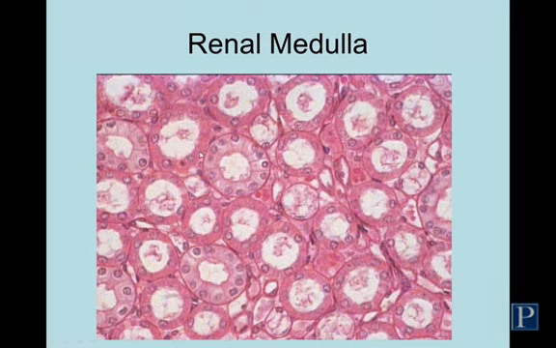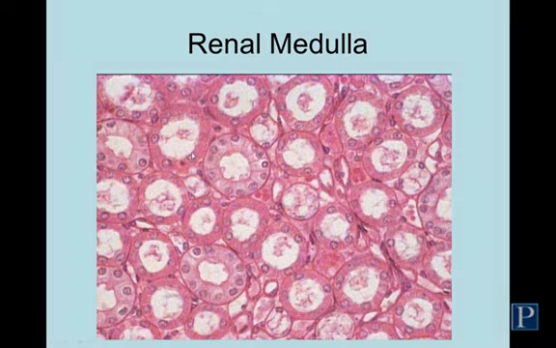Again, the cytoplasm tends to be more grainy. It is less pale, so it's darker and more eosinophilic in comparison to the cytoplasm of collecting tubules. Also, because the cytoplasm is less pale, you really can't make out the lateral borders between cells like you can in the collecting duct.